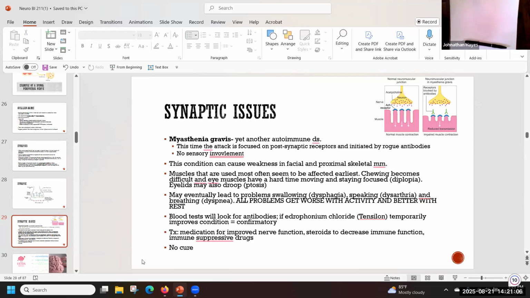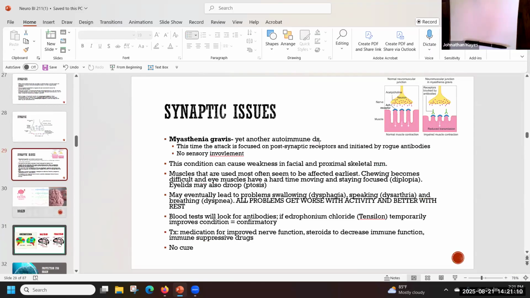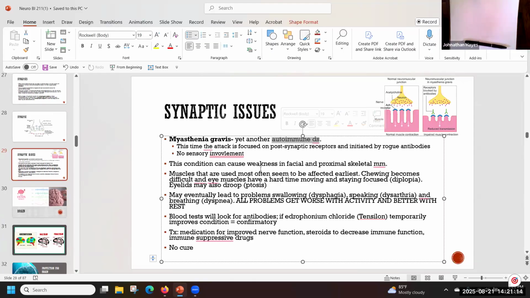A lot of times, again, I mentioned this to you before, with autoimmunity there tends to be inflammatory effects that come with that. Inflammation is one of the features of an active immune system.